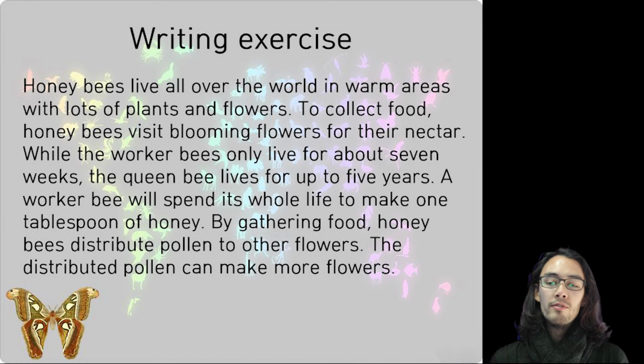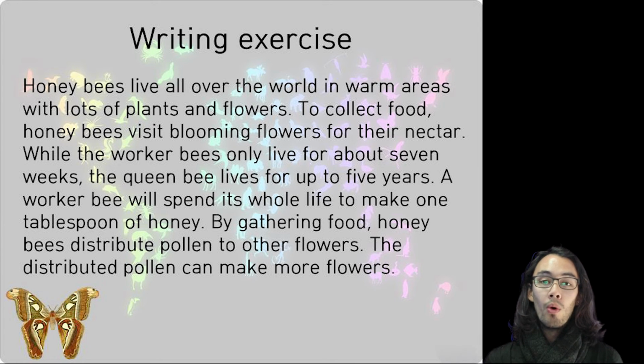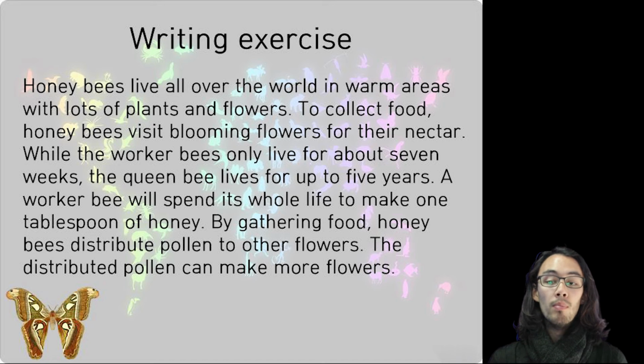Honeybees live all over the world in warm areas, with lots of plants and flowers. To collect food, honeybees visit blooming flowers for their nectar. While the worker bees only live for about 7 weeks, the queen bee lives for up to 5 years.